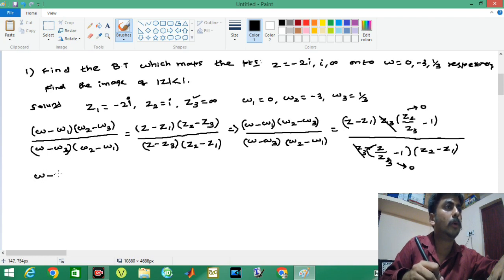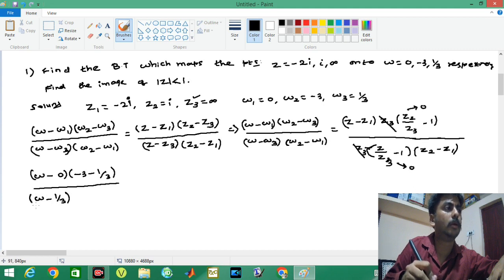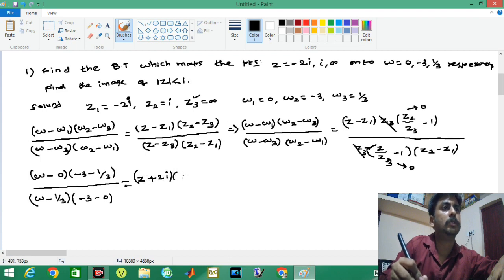So w minus w1 is 0, into w2 minus w3, that is minus 3 minus 1 by 3, divided by w minus 1 by 3 into w2 minus w1, that is minus 3 minus 0, equal to z minus z1, that is z plus 2i, into 0 minus 1, divided by 0 minus 1 into z2 minus z1, that is i plus 2i.